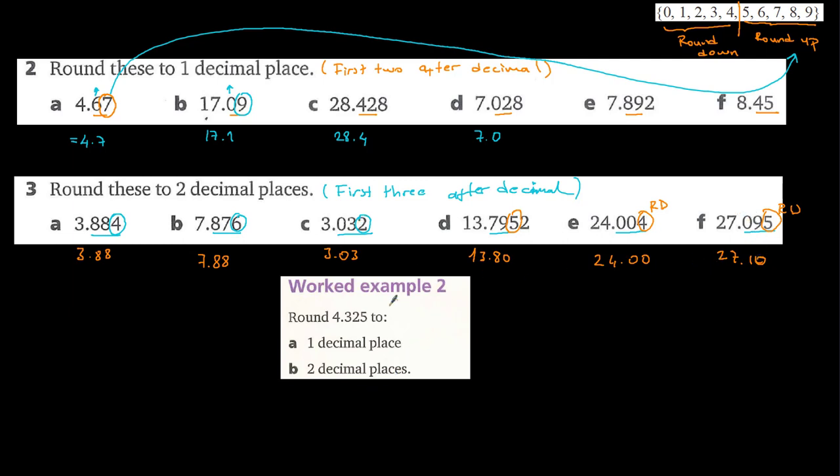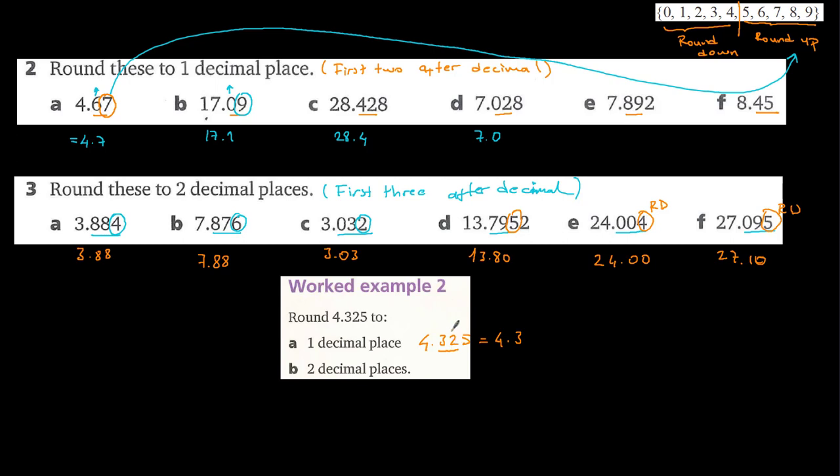With respect to that one, I'm going to solve the last one here. I want to solve this again. How do we solve them again? When we round 4.325 to 1 decimal place, the last 2 digits are important. This is the round down group, and the answer is going to be equal to 4.3.